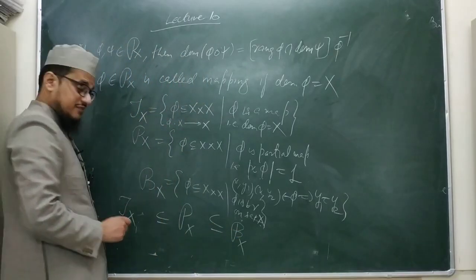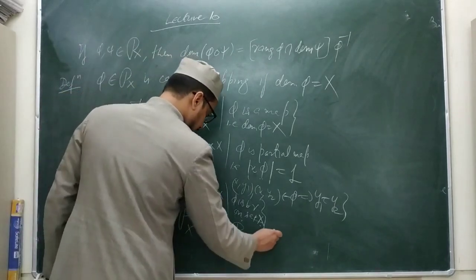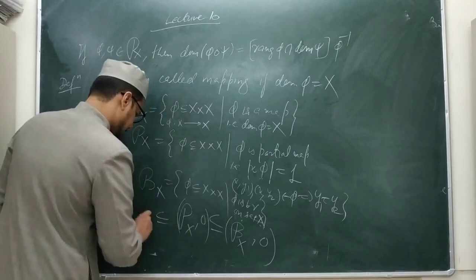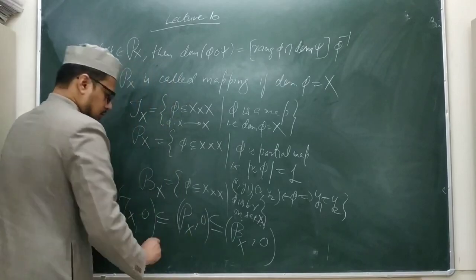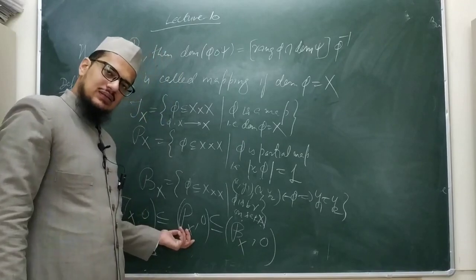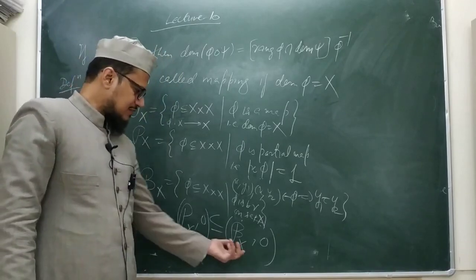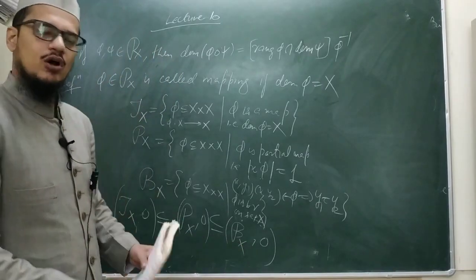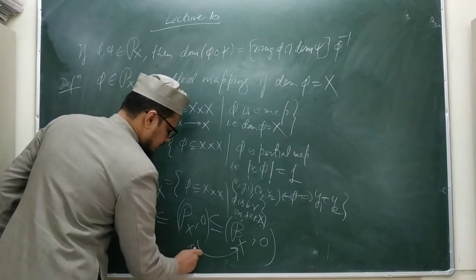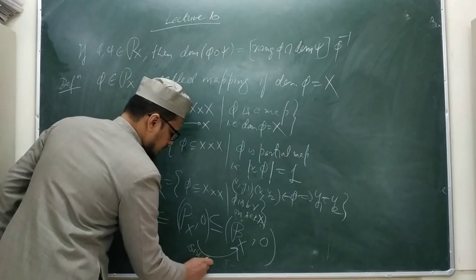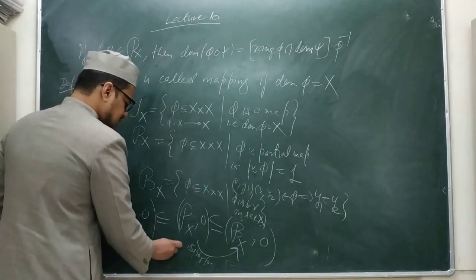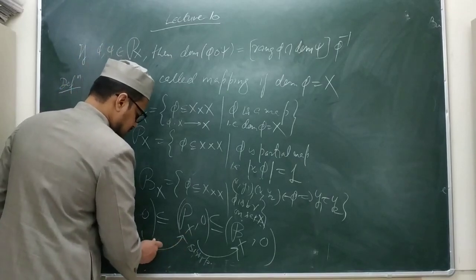Now if we define the same composition as a binary operation, we have already seen that the set of all partial maps is a subsemigroup of the set of all binary relations. Here it is a subsemigroup. You can see that this is also a subsemigroup of this.